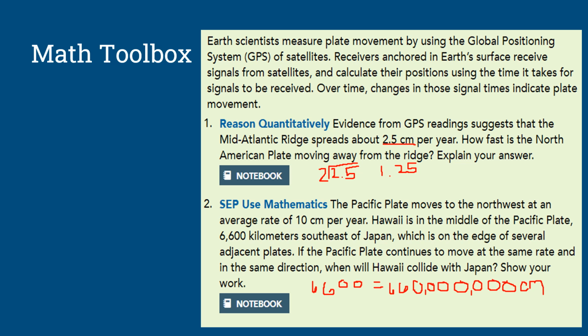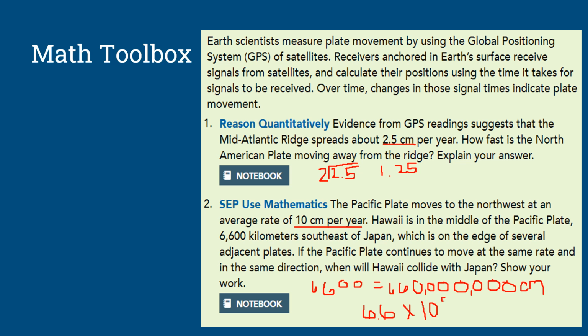All right, and then if it's moving at a rate of 10 centimeters per year, we will take our 660 million. I'm using scientific notation just because it's easier. Basically what I'm doing is 6.6 times 10, and that just moves the decimal place over. So let's count how many. 1, 2, 3, 4, 5, 6, 7, 8.